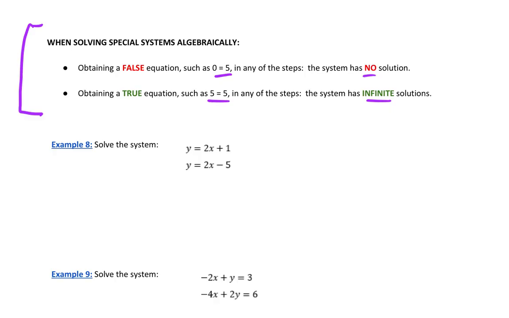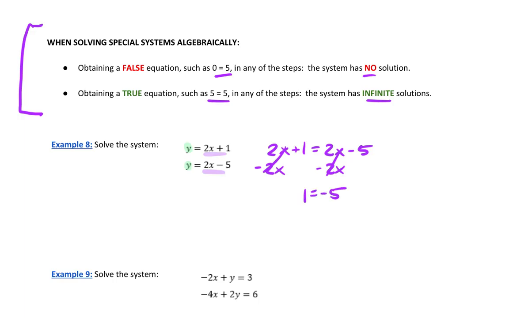So let's go ahead and take a look at this first one. Both of these equations are equal to y. So using substitution, I can set those two equal to one another. 2x plus 1 is equal to 2x minus 5. Well, if we go through and try to solve this and subtract 2x from both sides, we end up with 1 is equal to negative 5.